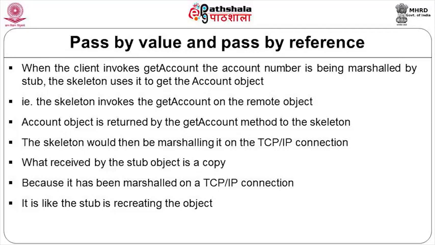The skeleton would then be passing it, marshalling it on the TCP/IP connection, and what is received back by the stub object is a copy, because it has been marshaled on a TCP/IP connection. So it's like he is recreating the object.